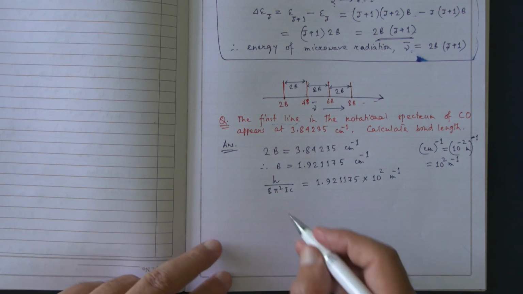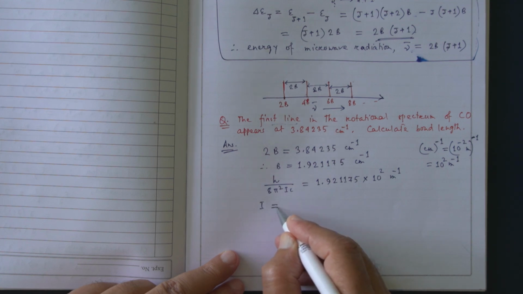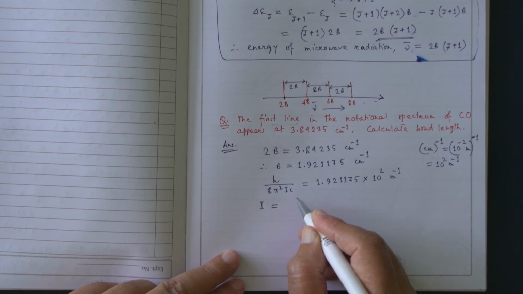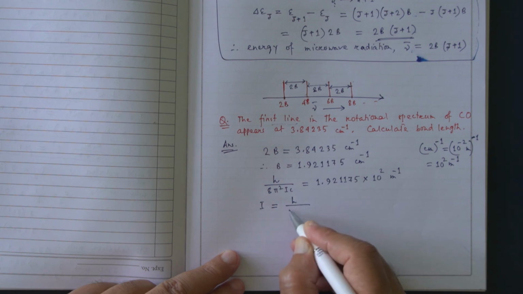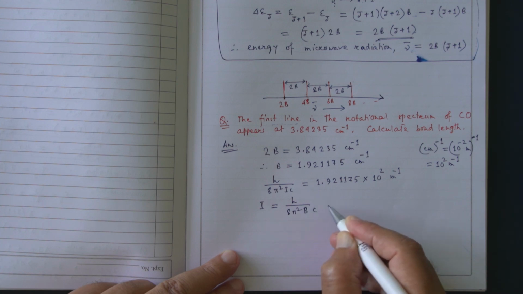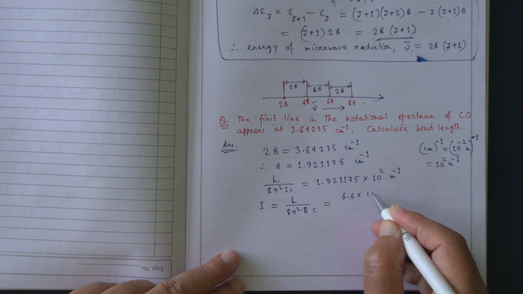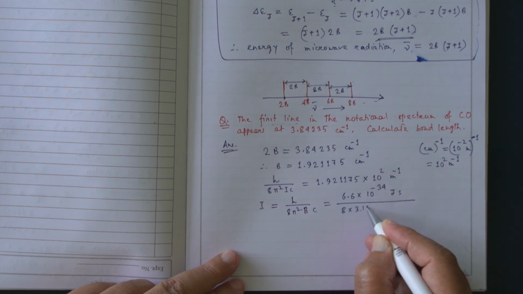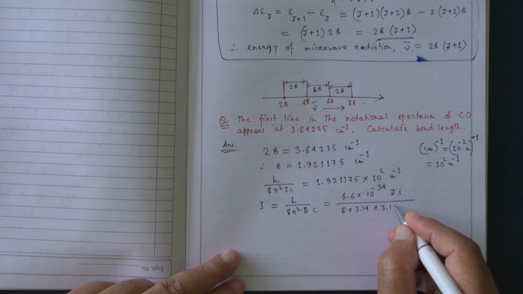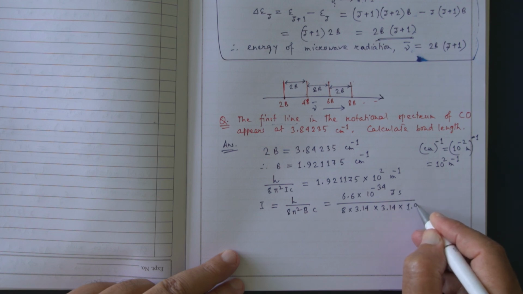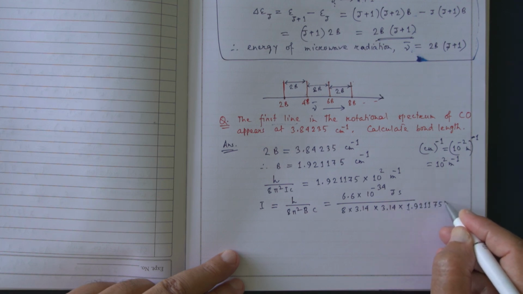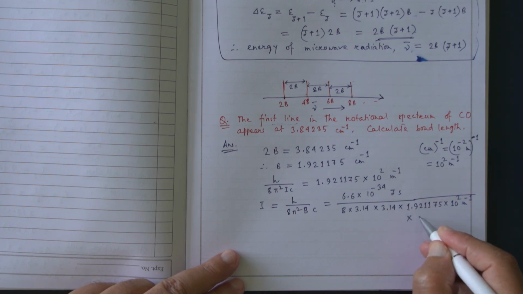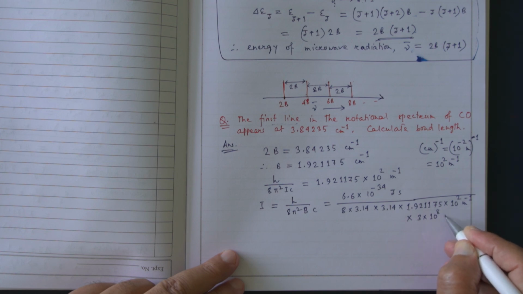Now we know the value of B, so from this we can find out the value of I. I equal to h by 8 pi square B c, that is equal to 6.6 into 10 to the power minus 34 joule second, divided by 8 into 3.14 into 3.14 into 1.921175 into 10 square per meter into c, which is 3 into 10 to the power 8 meter per second.